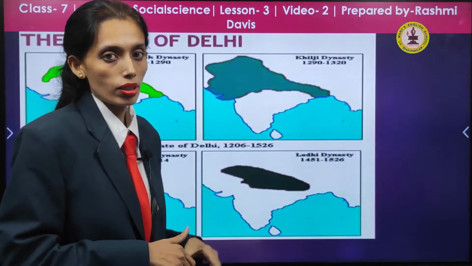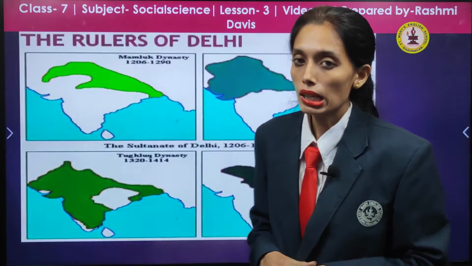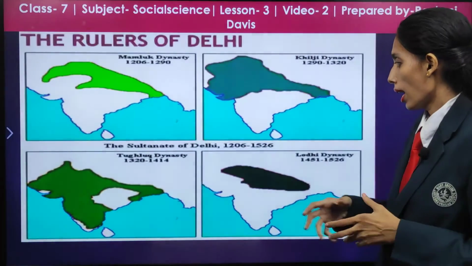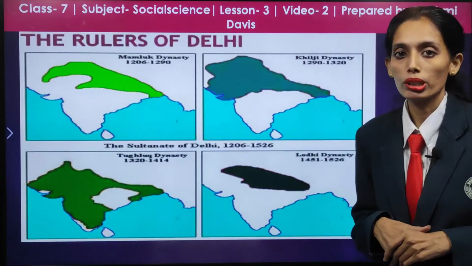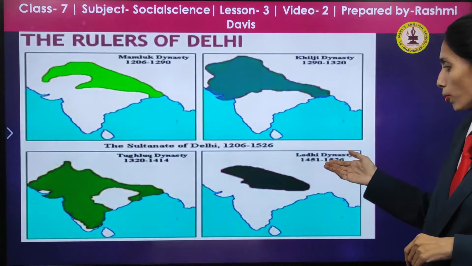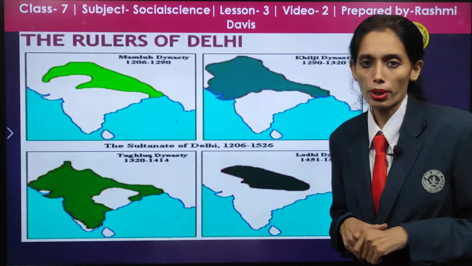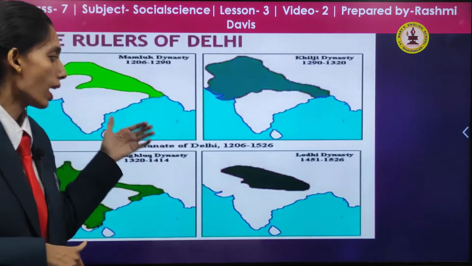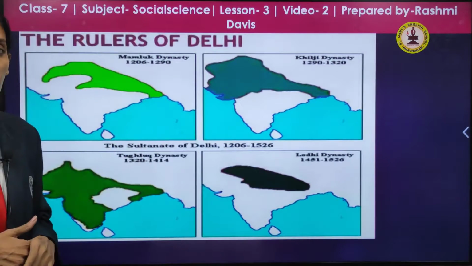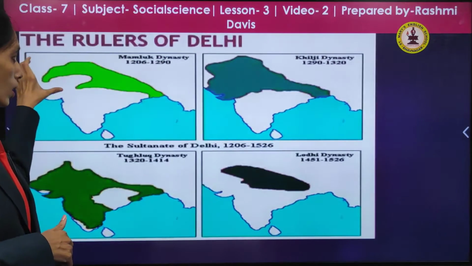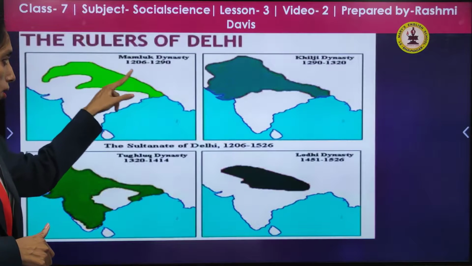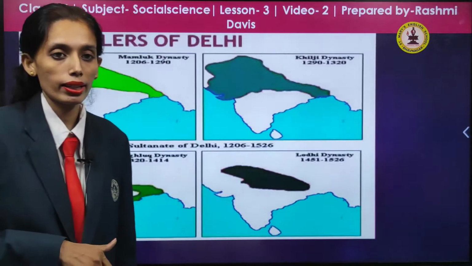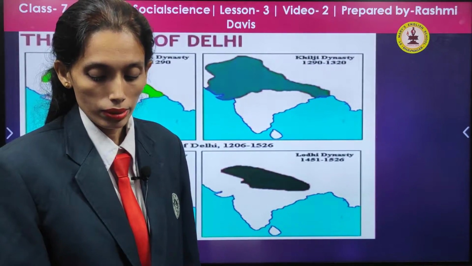Then the Sayyid dynasty came in, and finally the Lodi dynasty, from 1451 to 1526. Children, go through these maps, observe the region starting from the Mamluk dynasty, and how they later captured the whole of India.